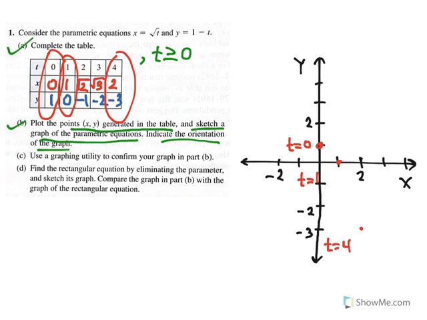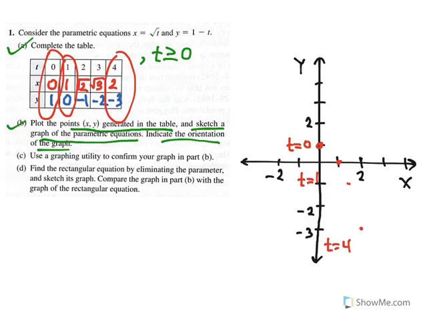You have two other ordered pairs at t is equal to 2 and t is equal to 3. So you need to figure out what is the square root of 2 approximately. I'll go ahead and use my calculator. We have that the square root of 2 is about 1.4. So we have 1.4 for x and negative 1 for y.